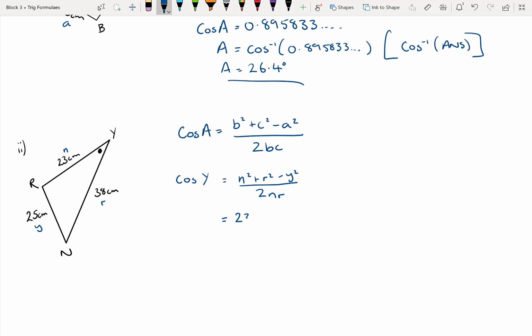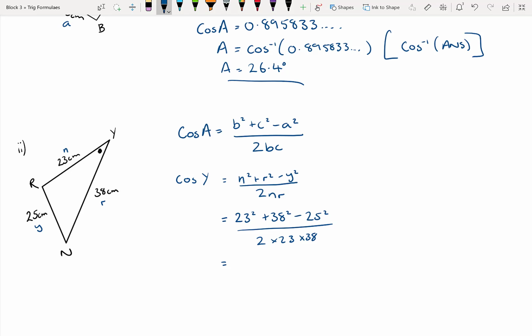So I've got 23 squared plus 38 squared minus 25 squared all over 2 times 23 times 38. Again, this is where you're going to turn to your handy scientific calculator, and you're going to ask it to do all of these things in one fell swoop.